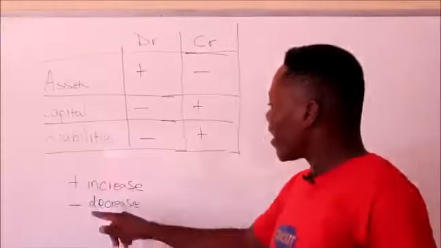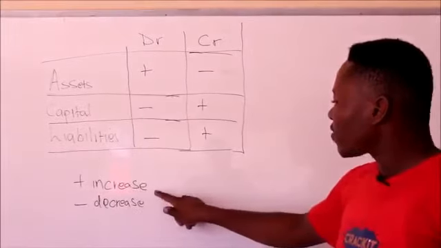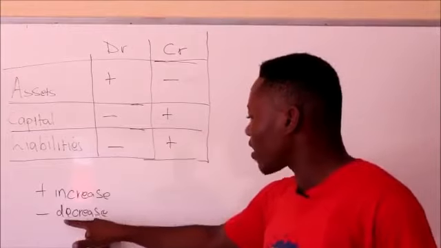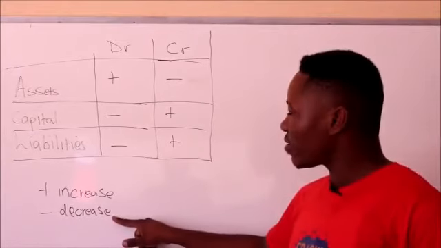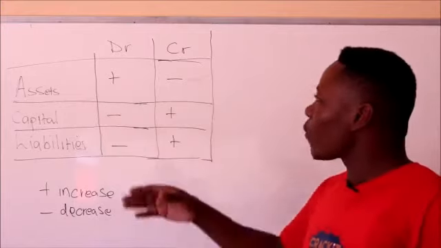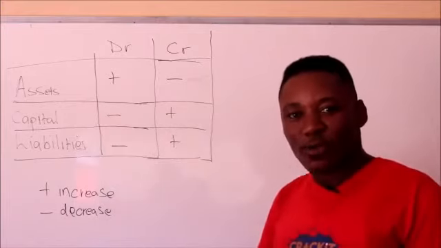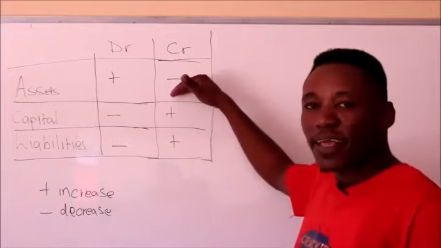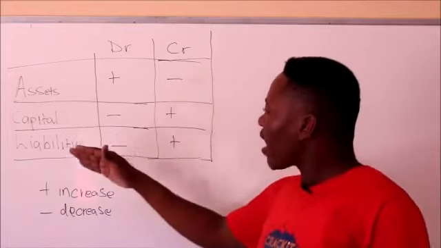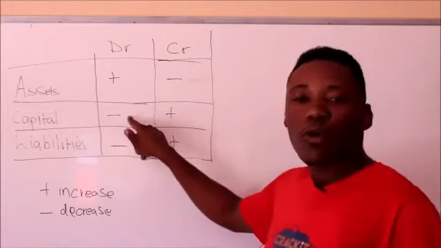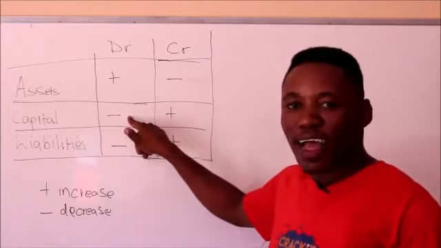The plus sign represents an increase, but the minus sign represents a decrease. Assets: when assets increase, we debit them in their account, but when they decrease, we credit them. Capital always increases on the credit side, but it decreases on the debit side.